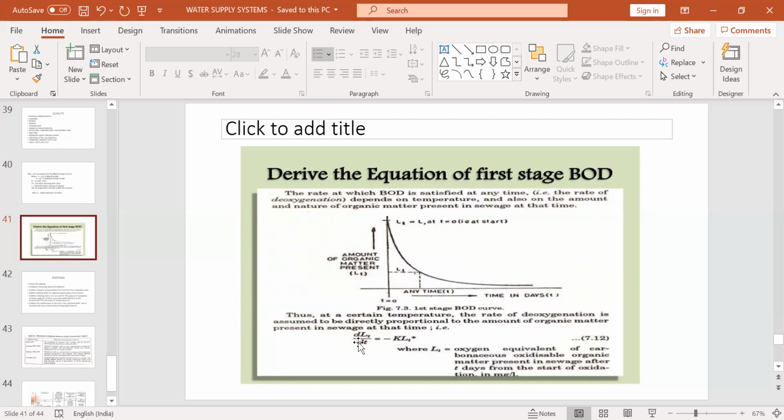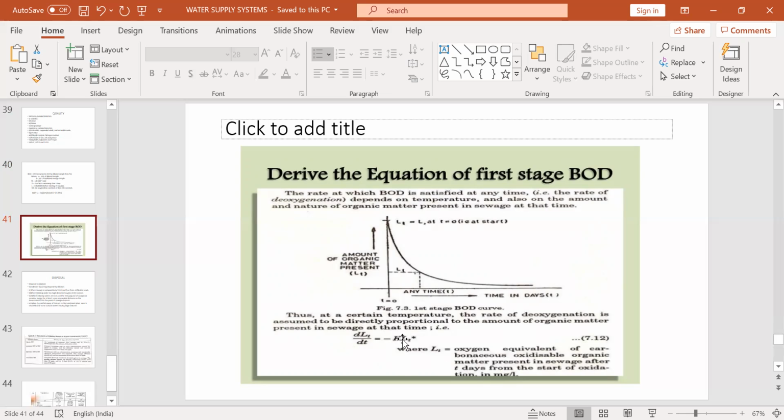Now the assumption is that the rate of change of BOD remaining with time t, dLT by dt, is directly proportional to the amount of BOD remaining at time t. That is, dL by dt is proportional to LT, where LT is the oxygen equivalent of carbonaceous or oxidizable organic matter present in the sewage after T days. In other words, LT is the BOD remaining after T days.